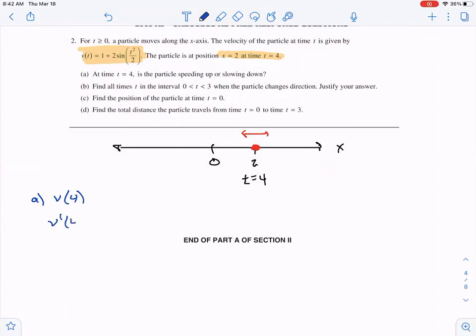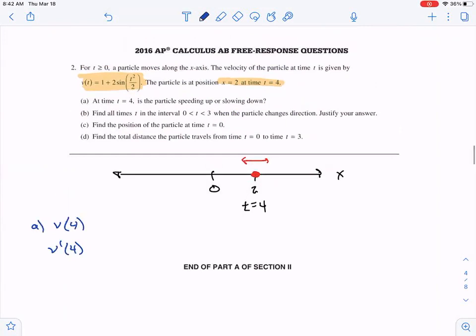Yeah, Gabriel? Yeah, I'm going to show you one way on the calculator I could do it, but you're exactly right. You could do it that way as well. So what I want to do first off is, since I've entered velocity in y1, look at the graph, and I have to make sure that my graph includes this t value of 4.